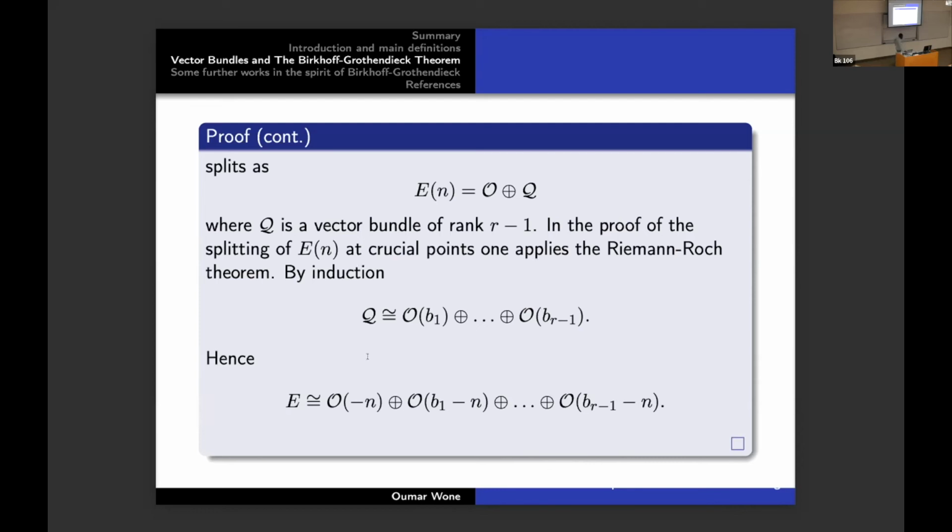Then by induction, Q is isomorphic to a direct sum of this form. And one then multiplies by O(-n), and we get this formula. So this is the idea of the proof of the Birkhoff-Grothendieck theorem.